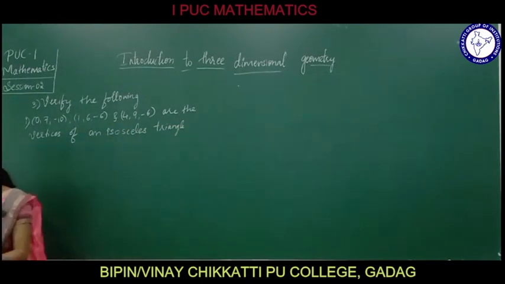See, they have given the three vertices. We are supposed to show that all these three vertices are the vertices of an isosceles triangle.